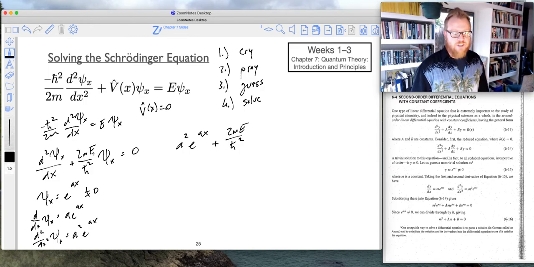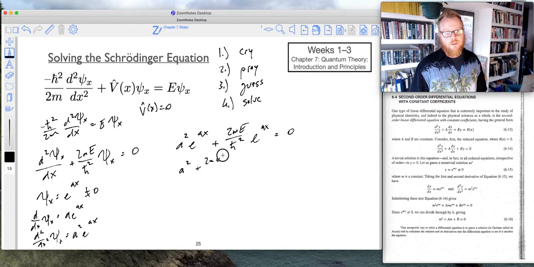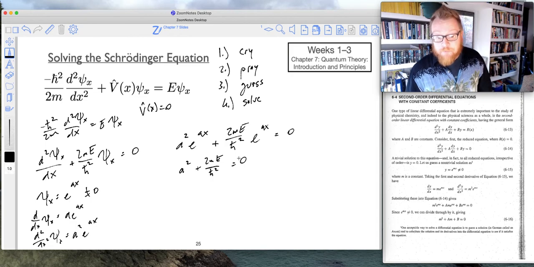So now I can just say 2mE over h bar squared times psi, and that is e to the ax, and that all equals 0. So I can eliminate the e to the ax, and I just have simply a squared plus 2mE over h bar squared equals 0.